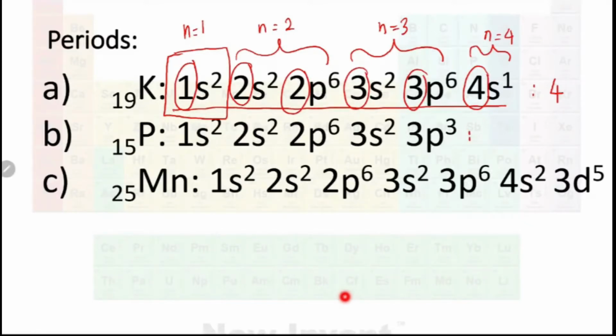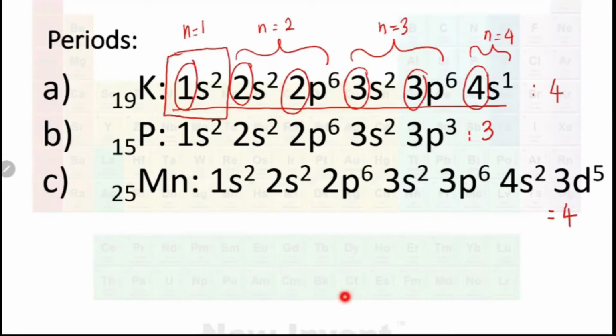How many shells are filled by electrons? 3. So the period is 3. For manganese? 4. Okay, it is 4.